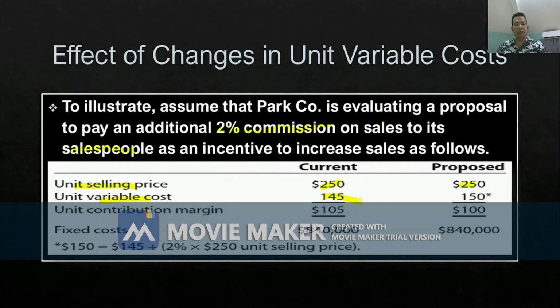So, since mayroon siyang proposed na 2% commission, yung variable cost maging 150. So, unit contribution margin, we have 250 minus 145, so we have 105. While sa kanilang proposal, 250 minus 150 is 100 unit contribution margin. So, fixed cost, the same din sa ngayon at saka proposal nila.